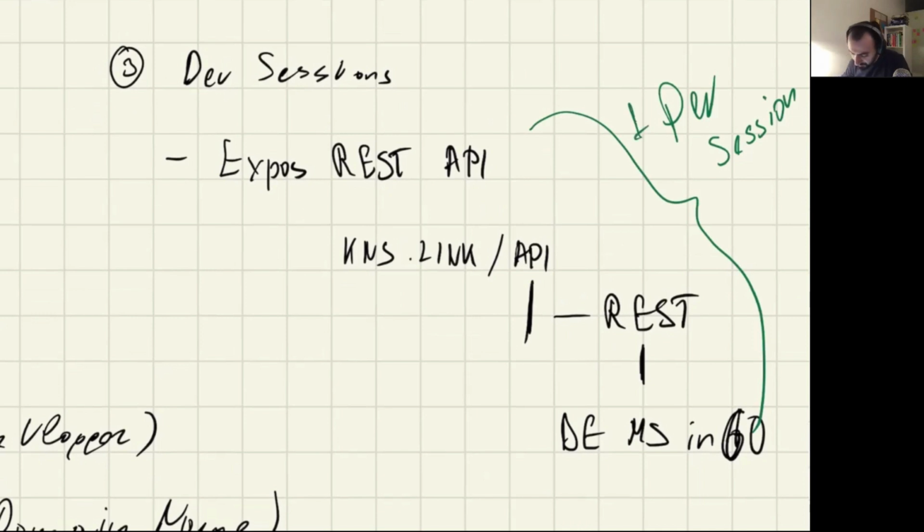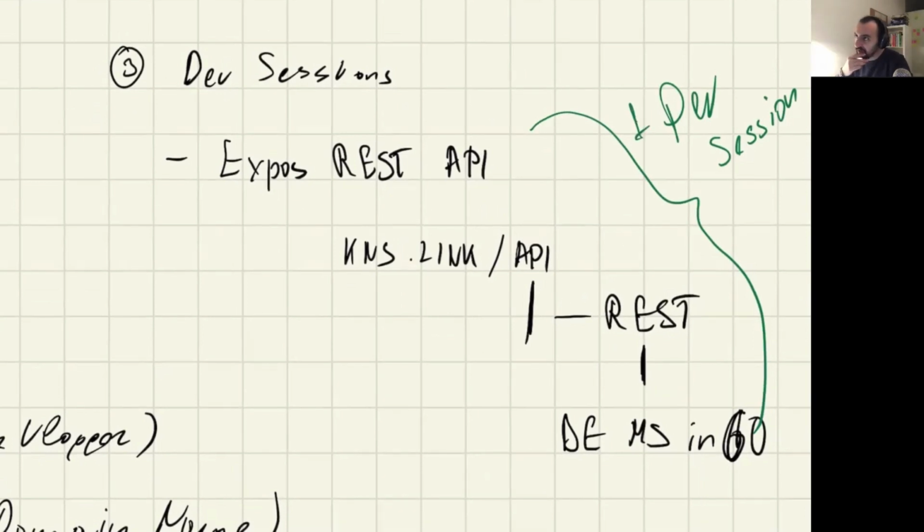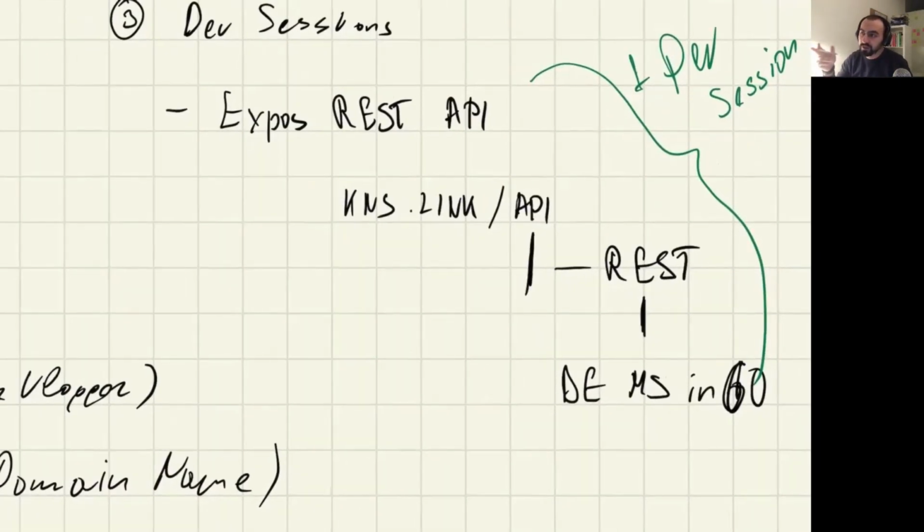Another dev session that I have in my mind is, actually we have quite some issues, items that we need to solve. I am looking at my screen. I will share it in a moment.